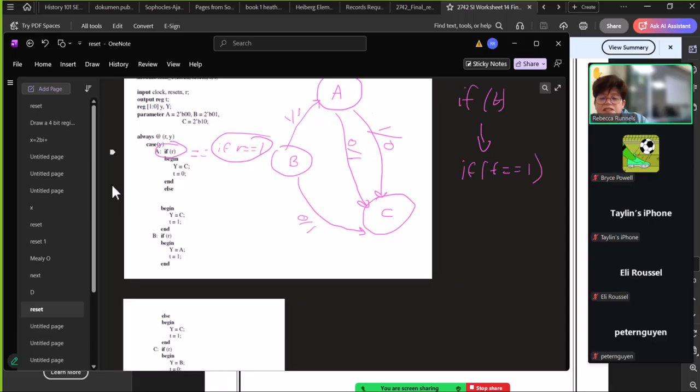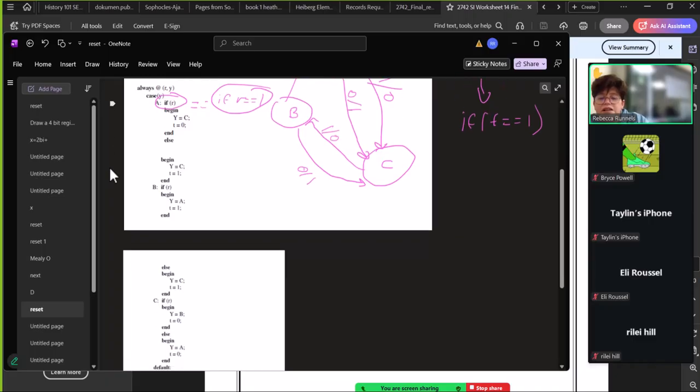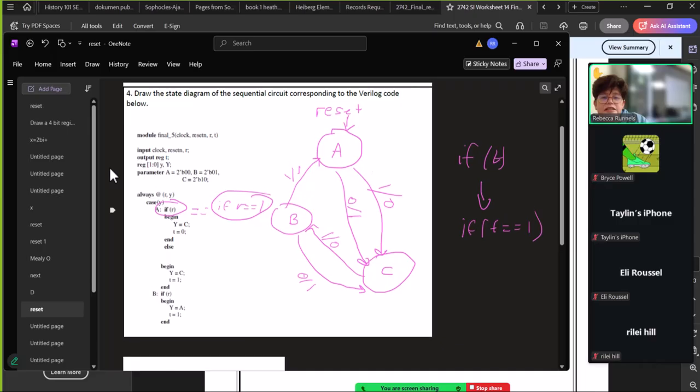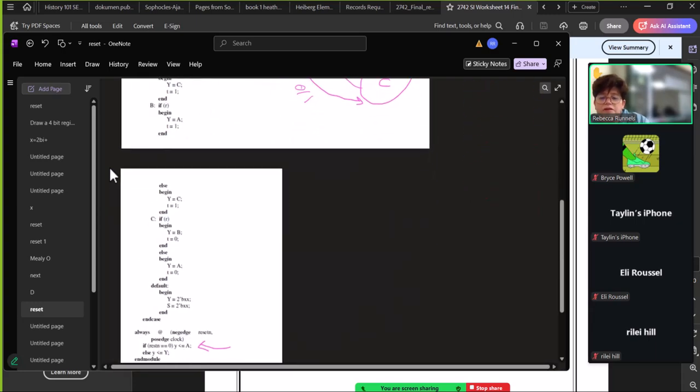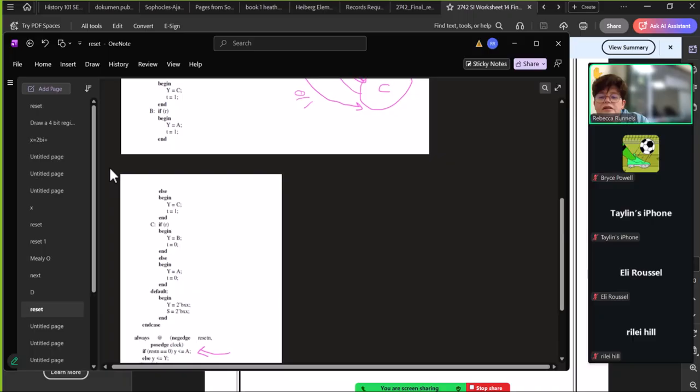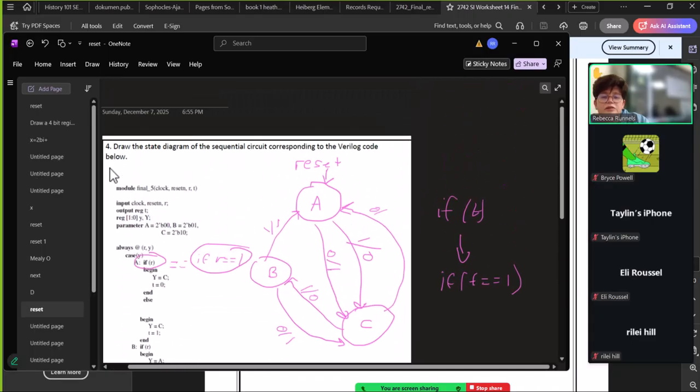And from C, if R is 1, the next state is B and the output is 0. And from C, if R is 0, the next state is A and the output is 0.